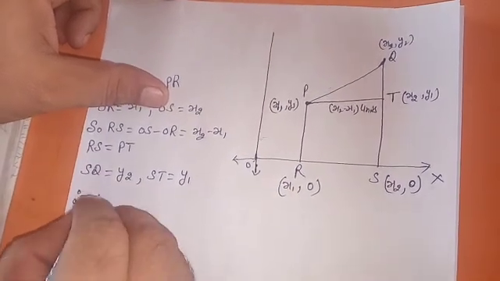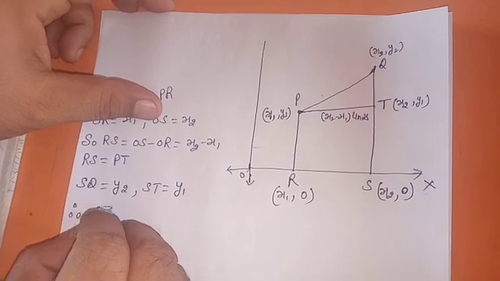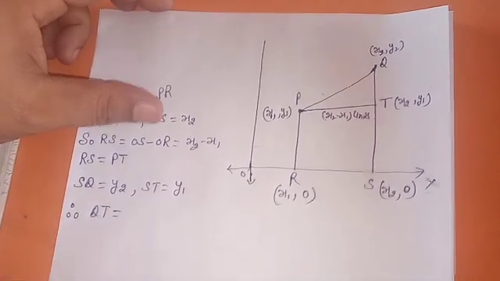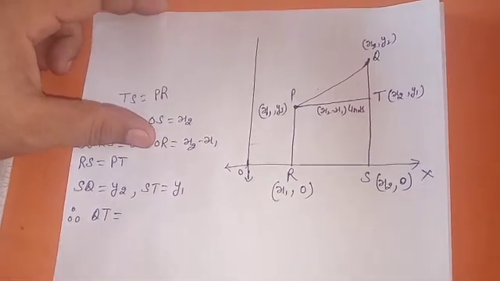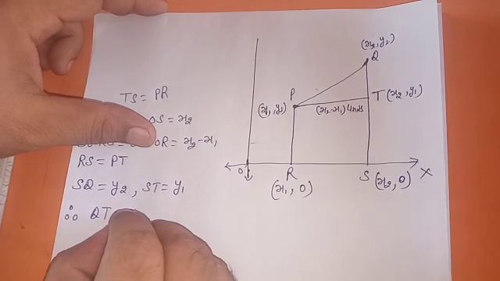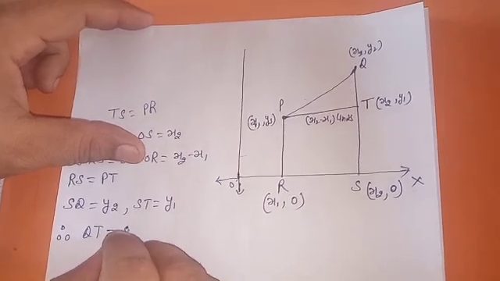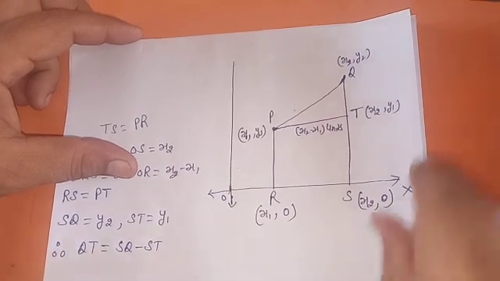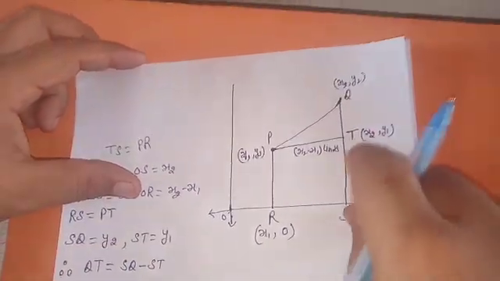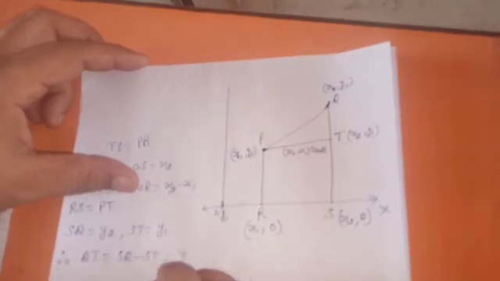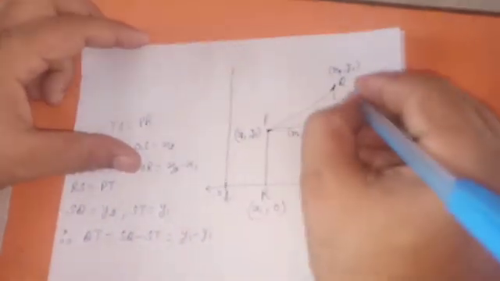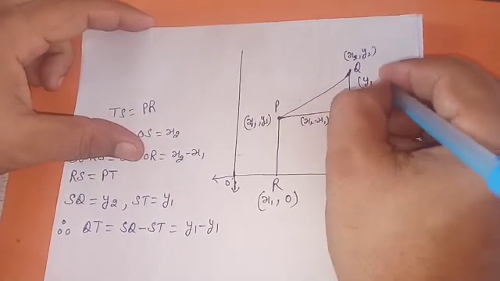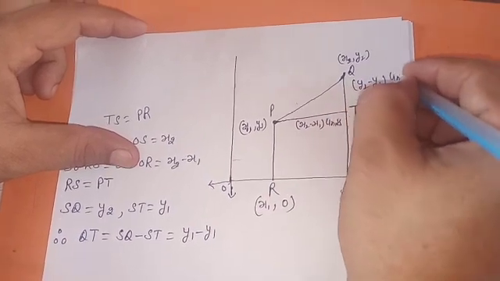Therefore, QT is equal to SQ minus ST, which is y2 minus y1. So this becomes y2 minus y1 units.